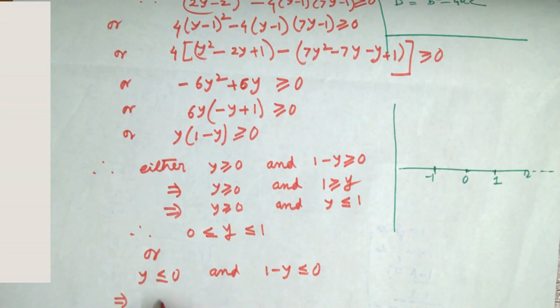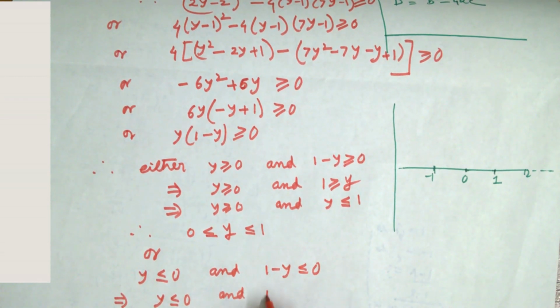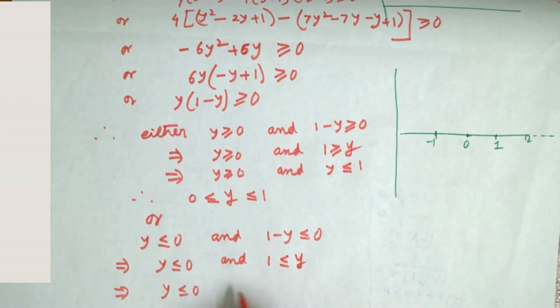This implies y is less than or equal to 0 and 1 is less than or equal to y, that is y is greater than or equal to 1.